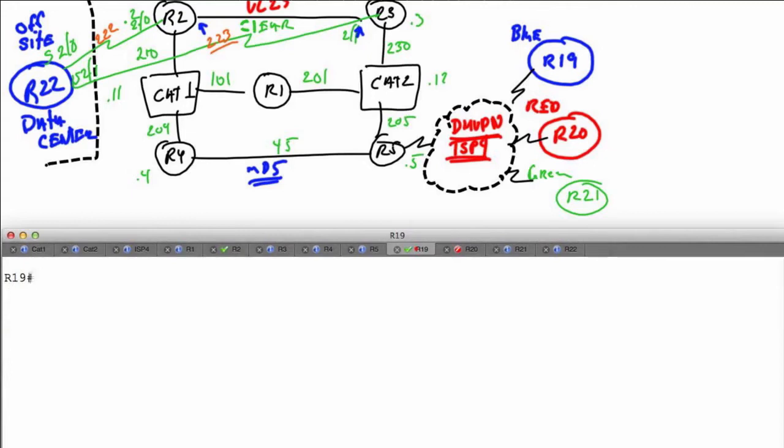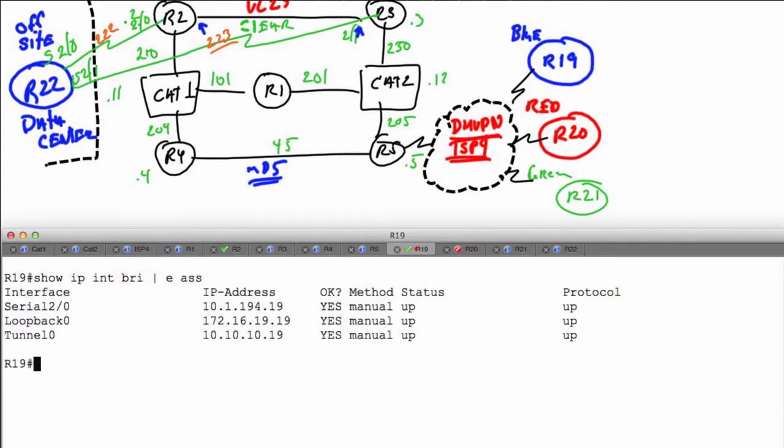So first is the address range. Well, show IP interface brief, excluding assigned addresses, is going to give me a tunnel designation. That tunnel is going to be in the network of 10.10.10.0/24.